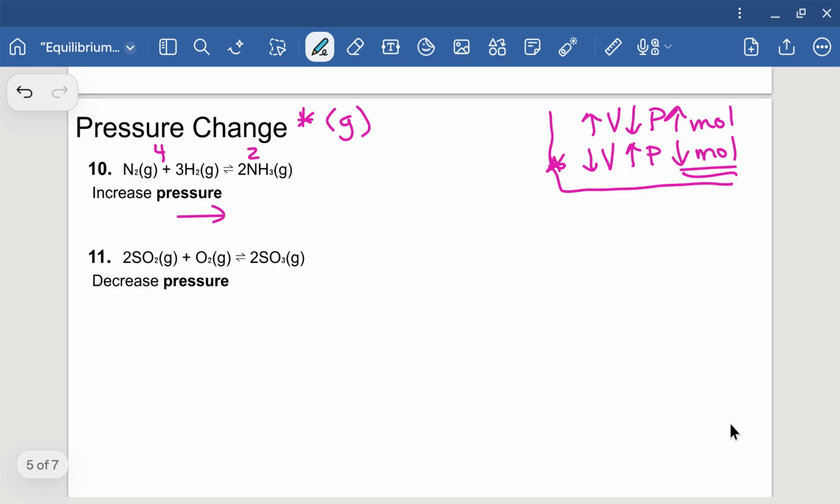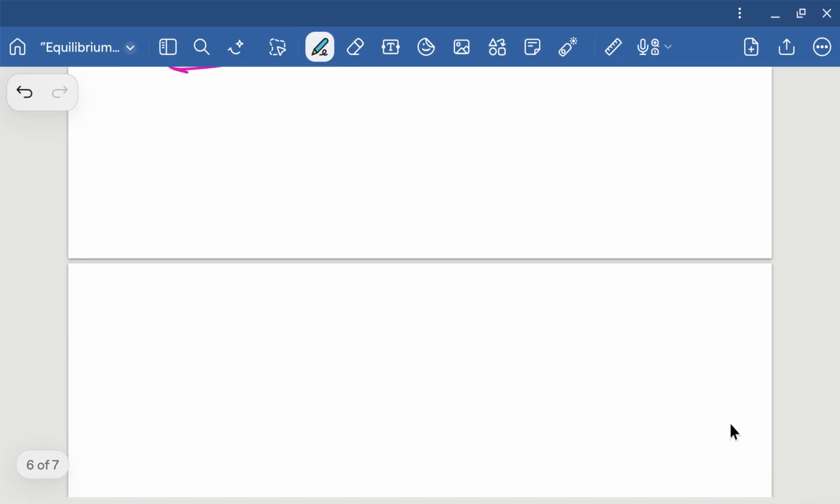So we are going to shift to the right because we move to the side with less moles. The opposite, decreasing pressure, is what we're seeing up here. And then you move to the side with more moles. Same idea, just taking a look. There's 2 on our product side, 3 on our reactant side. So you're going to shift to the left so that you're moving to the side with more moles.